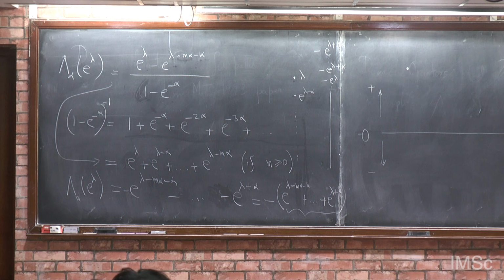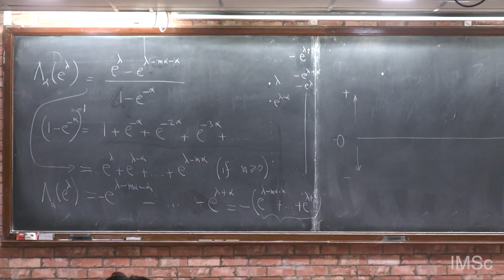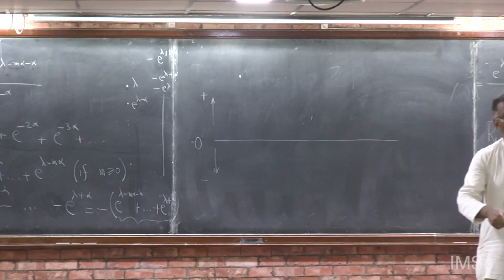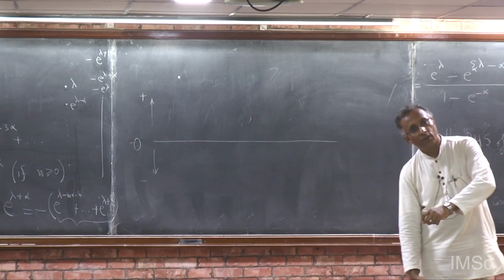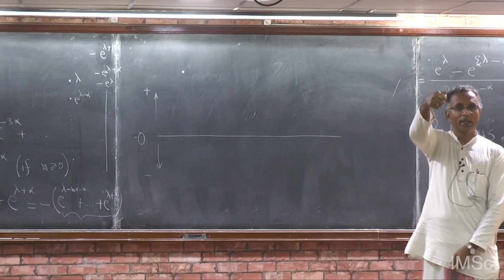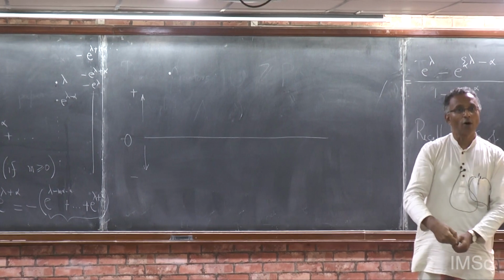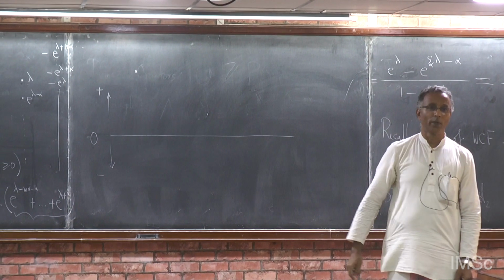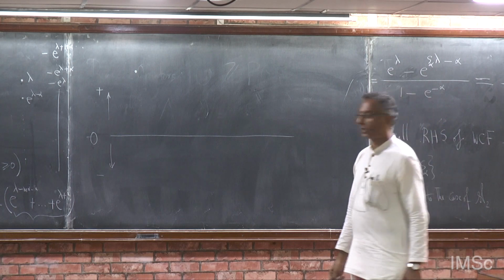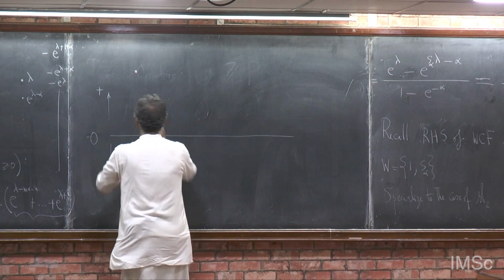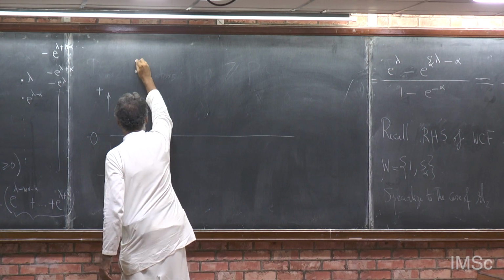How do directions change? In the first case, the direction was from here and going this way. In the second case I am below, and it's going up. It's still giving me the negative of the character of a certain irreducible representation.